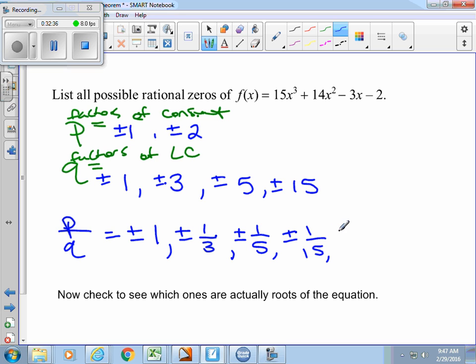Yes. And so that's 1 divided by each piece. Then 2, 2/3, 2/5, and 2/15.